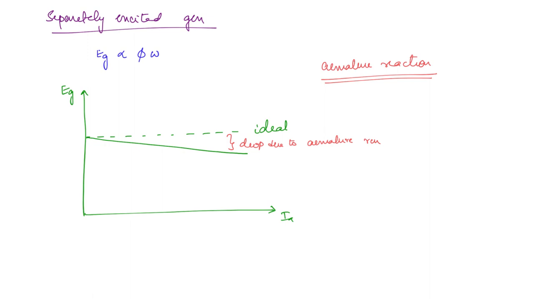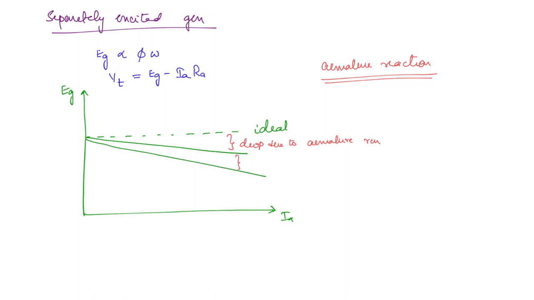Now what about the external characteristic? That is the terminal voltage Vt versus the armature current. Now what is Vt? This is equal to Eg minus IaRa. That means from the Eg, if you subtract the IaRa, then you're going to get the external characteristic, okay? So in the graph you can draw it like this.